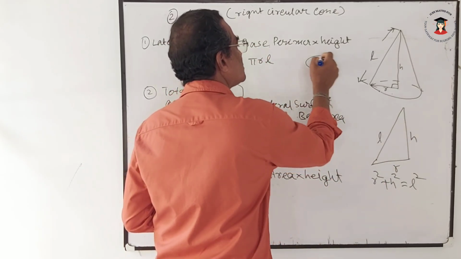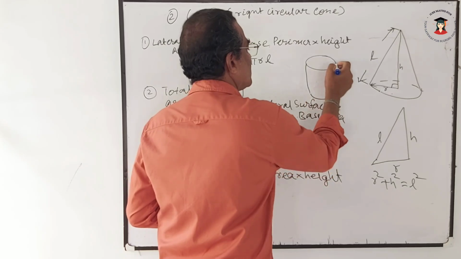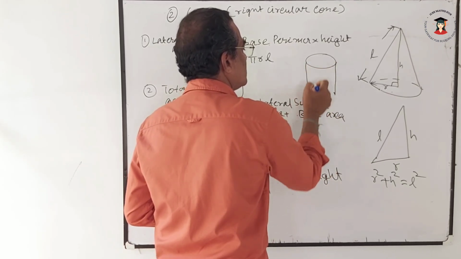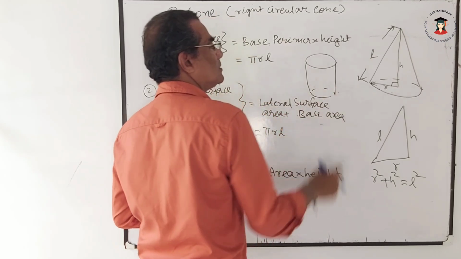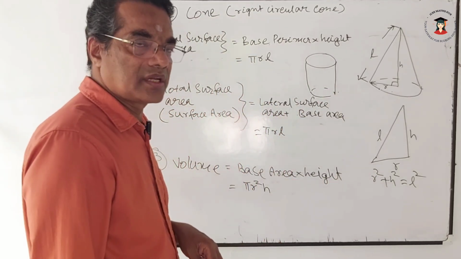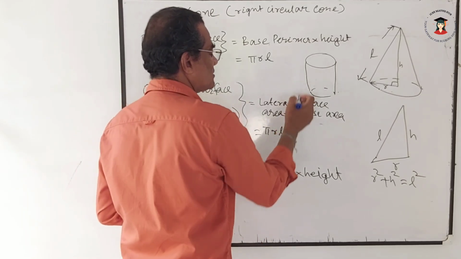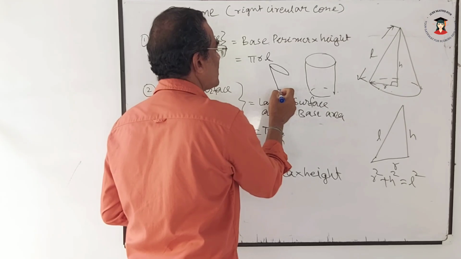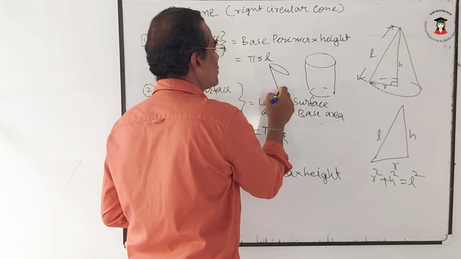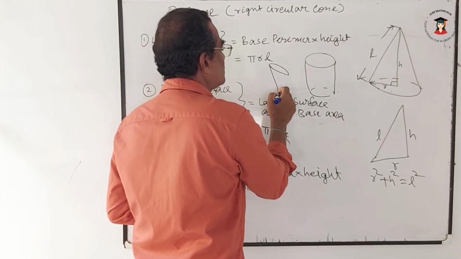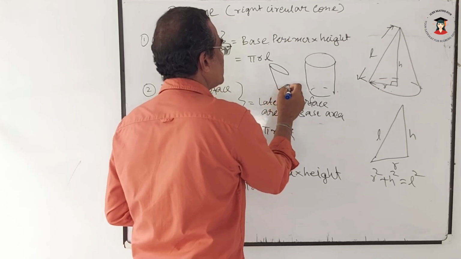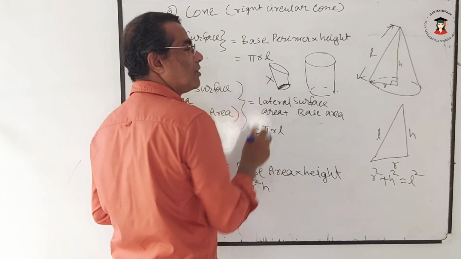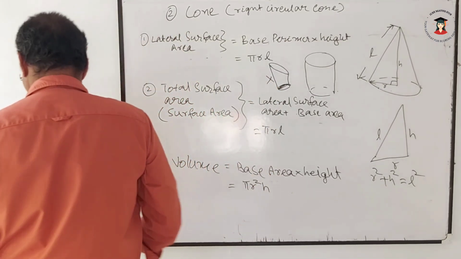And in cylinder also, a right circular cylinder means the height will be perpendicular to the base. In simple sentence, we can understand it like that. If it is not a right circular cylinder, then the base may be somewhat like this, not perpendicular, maybe it may be like this. So this is not a right circular cylinder.